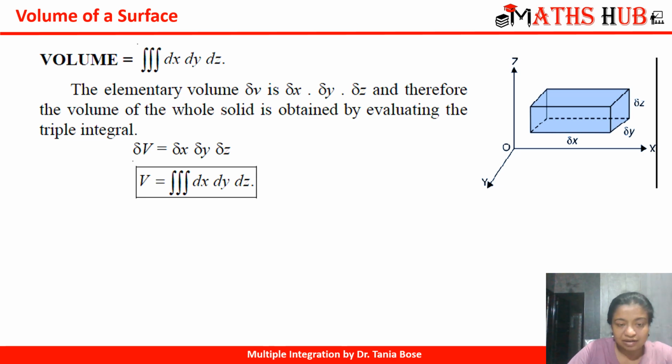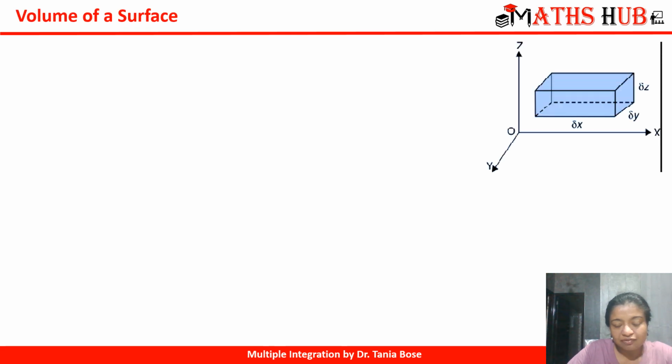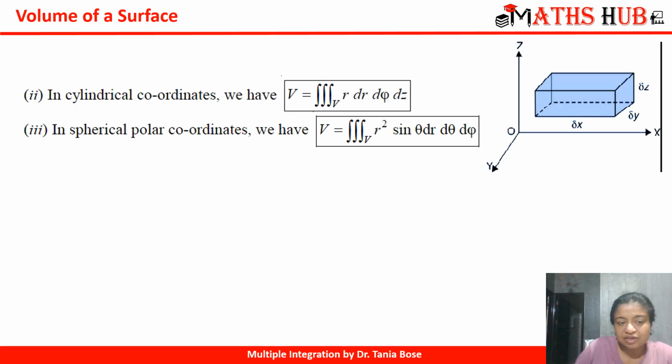If I'm calculating volume using cylindrical coordinates, then volume becomes the triple integral of r dr d phi dz, right? So how did we get this?